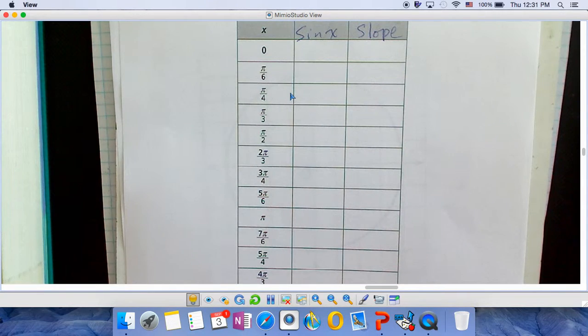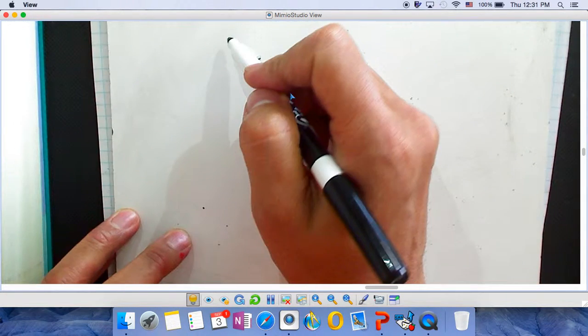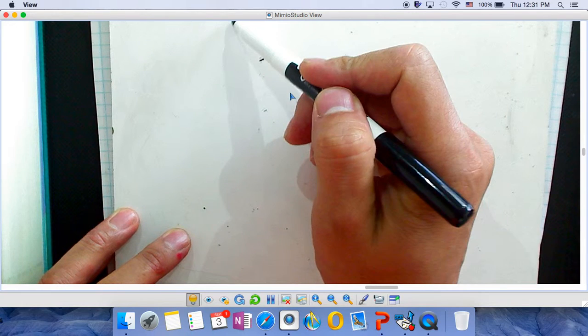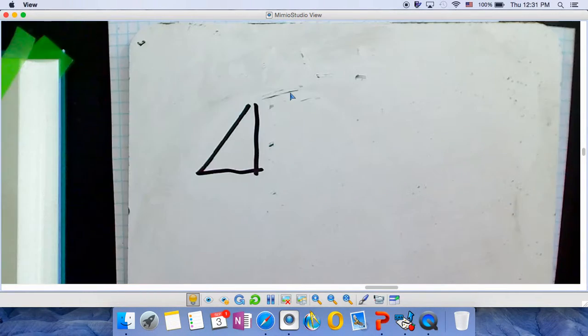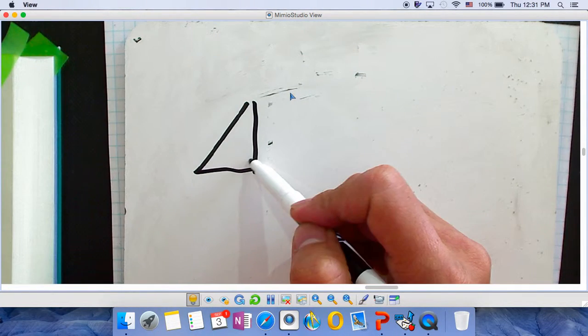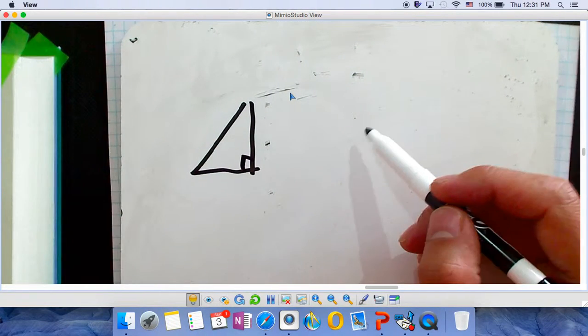Let's think about two triangles. One is the half of a square, which is a 45, 45, 90 degrees triangle, because it's the half of a square.